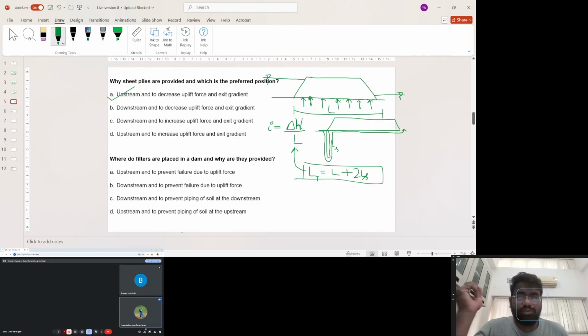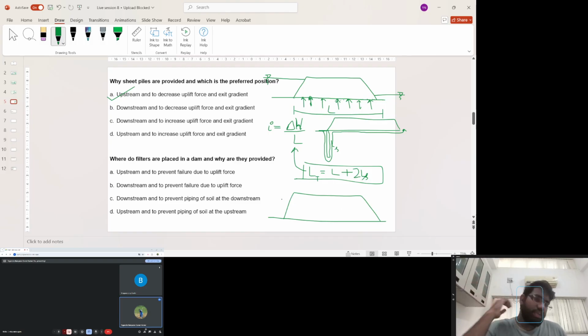So filters are placed, first, to prevent piping failure. The major reason they are provided is this: when we consider an embankment through which water can flow, if this is the upstream end and this is the downstream end, the water will flow.